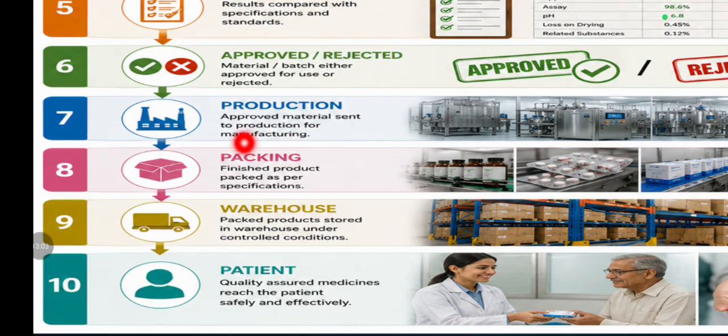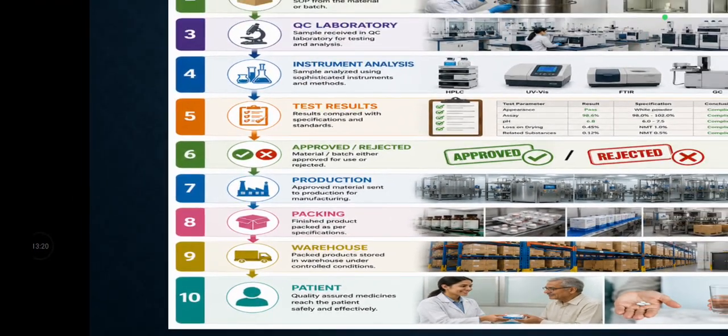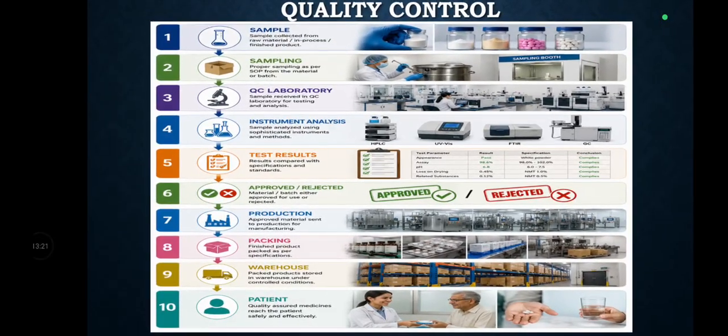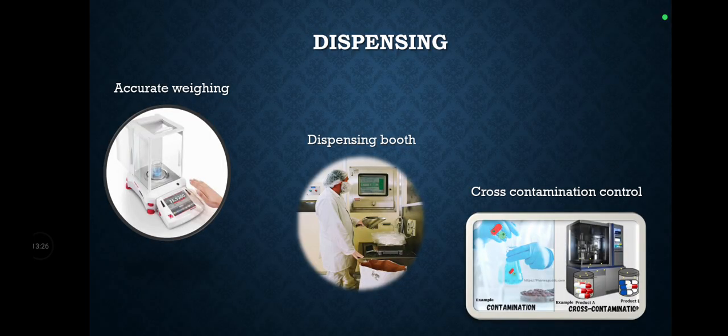Approved material is sent to production for manufacturing. Then it goes to packing. Finished products are packed as per the specification. Then the journey continues to the warehouse and the patient. So the QC department's role is very important in the journey of manufacturing the tablet.